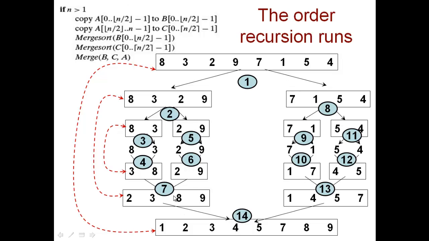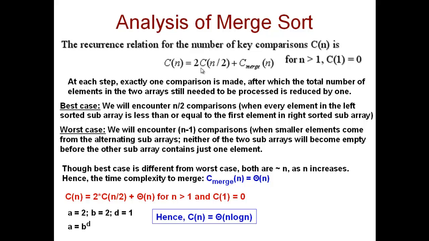And then you are merging the two sorted subarrays to get the original array sorted. So what we need to do now is find how many comparisons we are doing to merge two sorted subarrays of size n over 2 and generate a sorted array of size n.